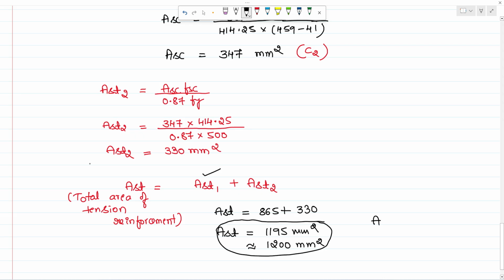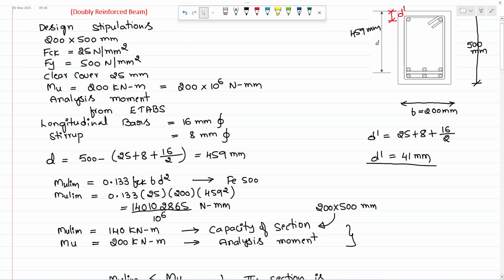And your total compression reinforcement ASC is 347 mm square. So this is your tensile reinforcement, and this is your compression reinforcement. So how to detail?